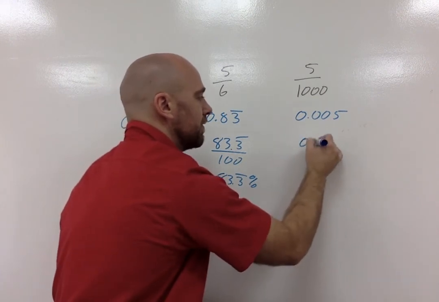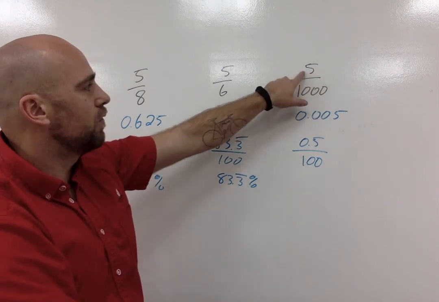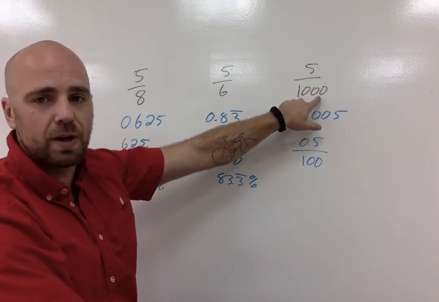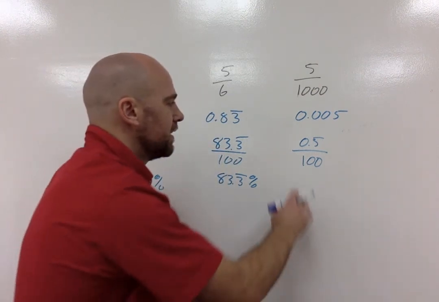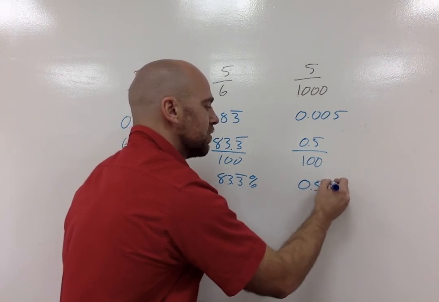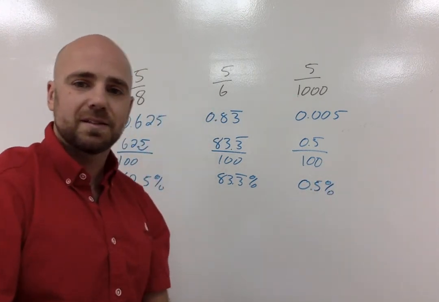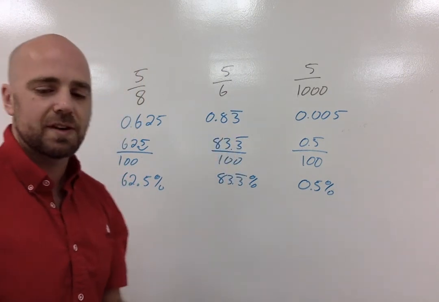So I'd get 0.5 over 100. Okay, if I move my decimal over 1 here, and I move my decimal over 1 here. What I do to the top, I have to do to the bottom. It has to be fair. So I get 0.5 out of 100, so that means my percentage is 0.5%.